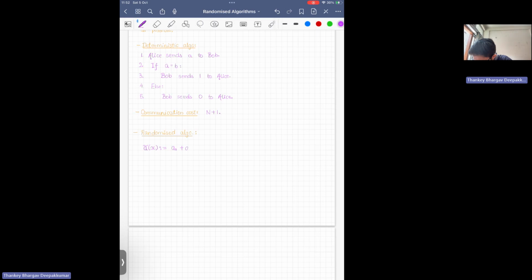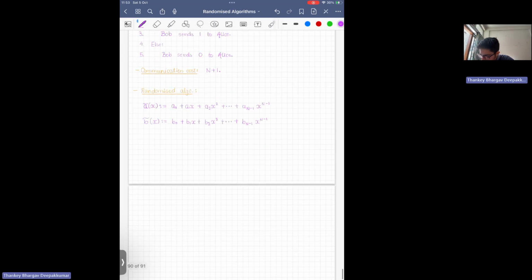So A0 plus A1x plus, and it's easy to see that A and B are the same if and only if A tilde equals B tilde.